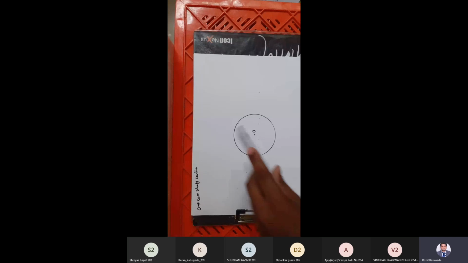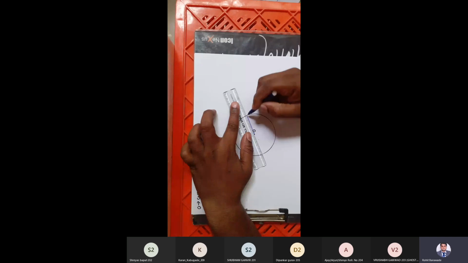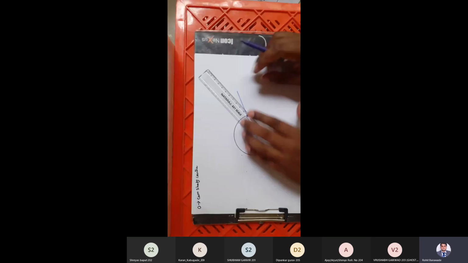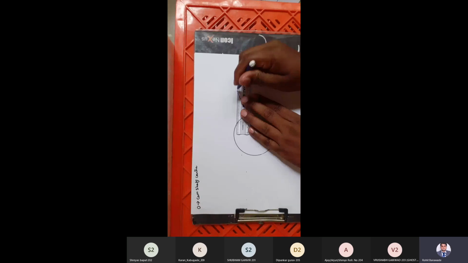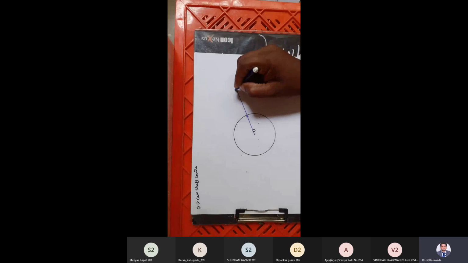I will draw it. This is a radius. I extend this line and make a horizontal line for a radius R equal to 40 mm. Okay, and it is a base circle, right?